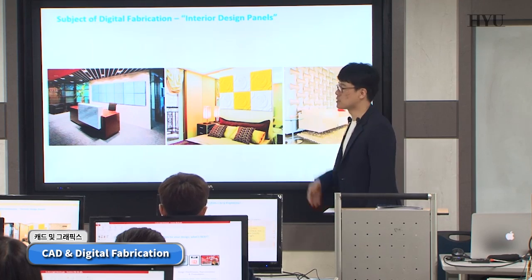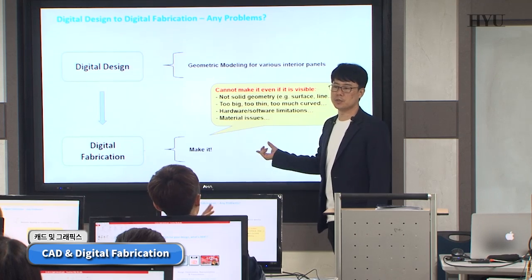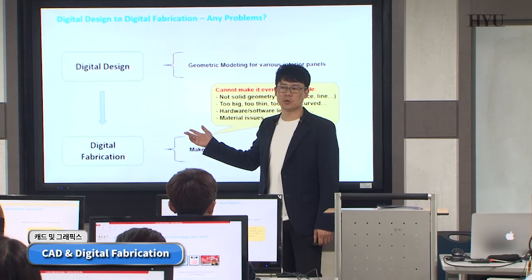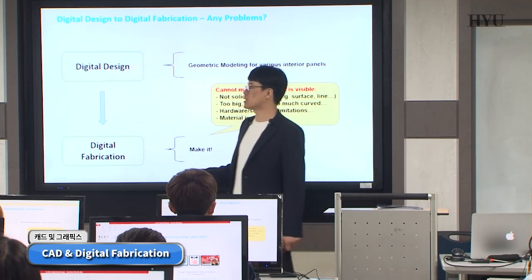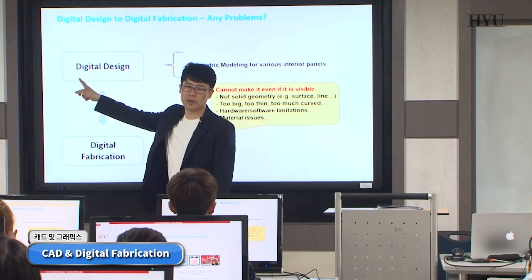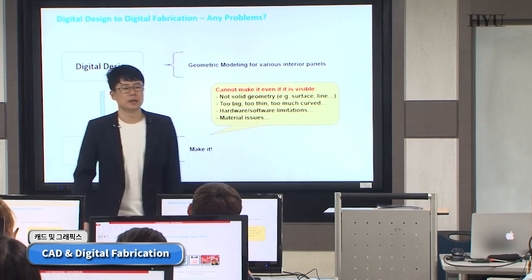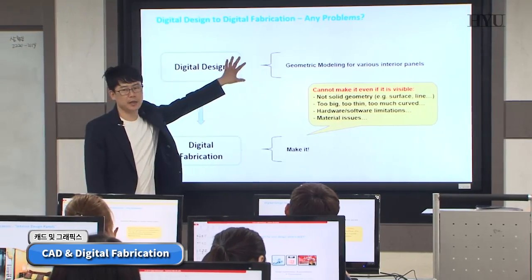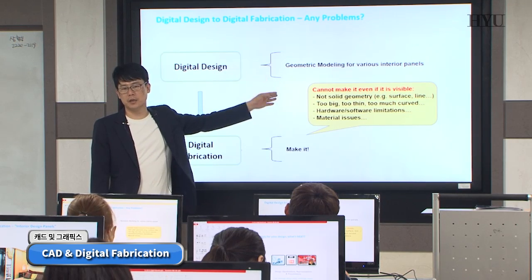That was the subject, and we built some teams. Three or four students per team, so a total of 6 or 7 teams were built at the time. Each team was required to create their own design. Usually, in general, a digital design class means digital design, critique, final presentation, and that's it.